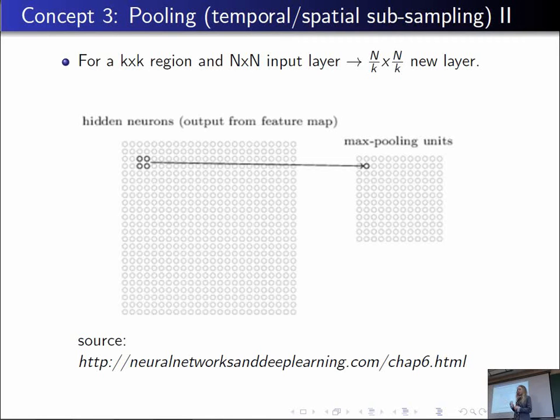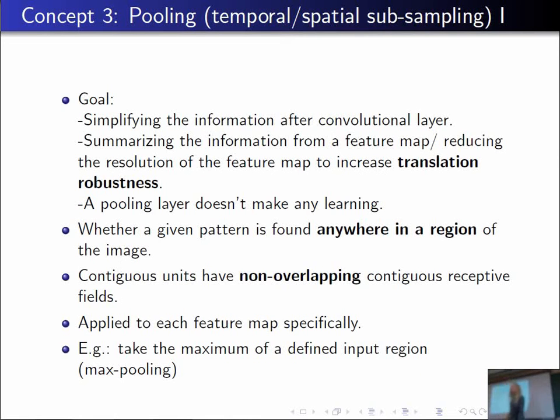What kind of function can you apply here? You can apply, for example, the max pooling function. It's just the maximum of the 4 neurons on the picture. Here we don't have overlapping of the regions, and it can be applied to each feature map.